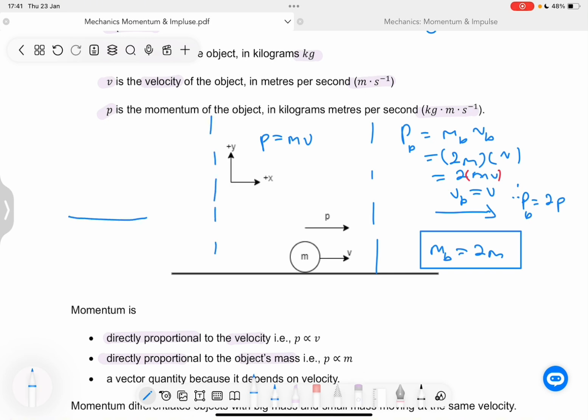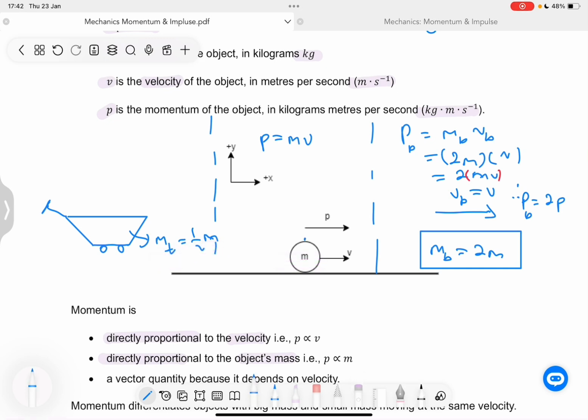Let's say you have a trolley that has a mass of m of the trolley equals 1 over 2m. So what we're saying here is that the mass of the trolley is in proportion with the mass of the ball. It's half this mass.